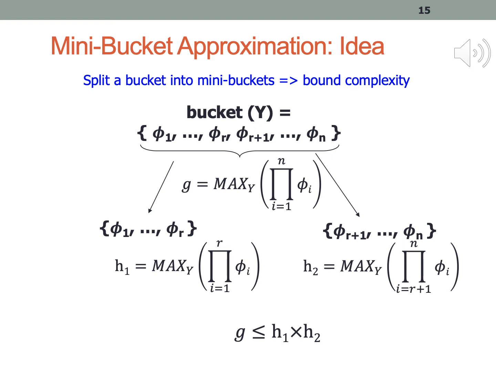So if you recall, the main issue with the bucket elimination algorithm is that it's exponential in the tree width, right? And this exponential complexity is the reason that this algorithm is impractical. And where does the exponential complexity of the algorithm come from? The exponential complexity actually comes from the product operation inside each bucket.